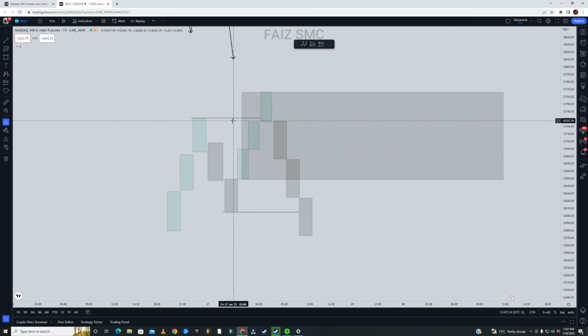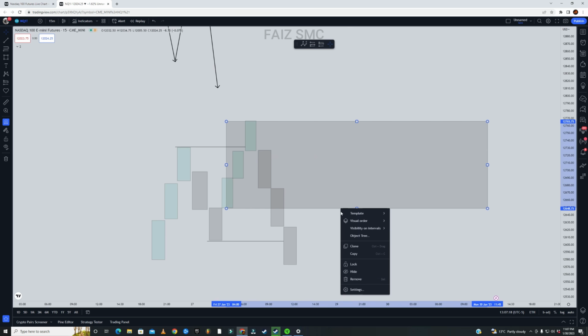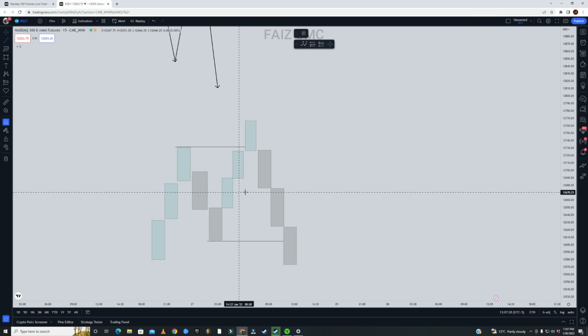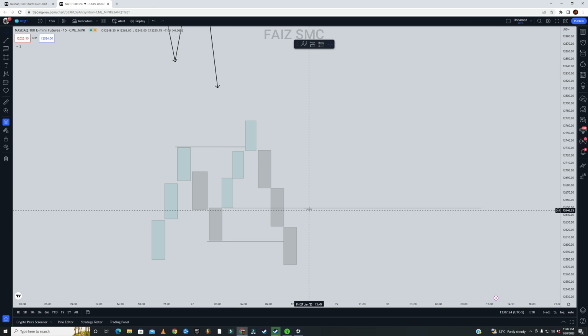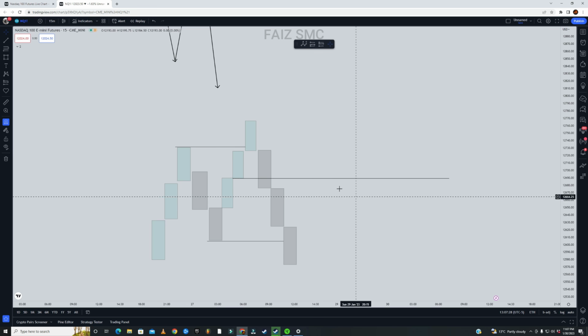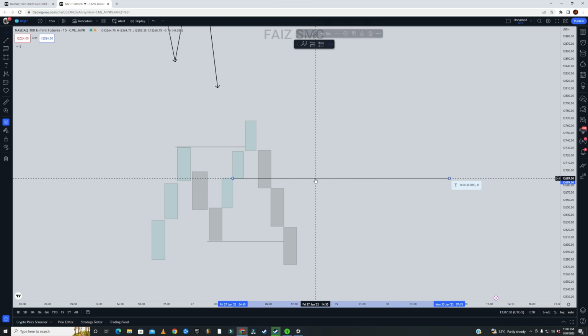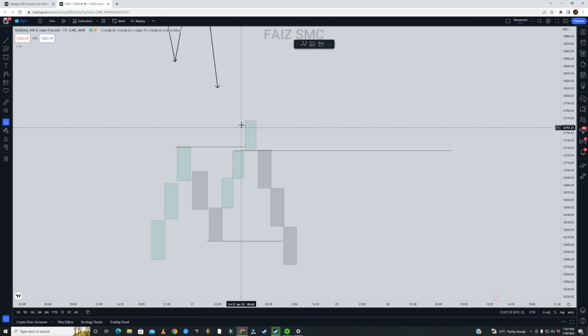Now there are ways to refine this order block, and let me show you how. So the first thing is that instead of taking your entry from the very first candle of the order block, you can take your entry from the second candle. Or if you want to refine it more, you can take your entry from the last candle of the order block.